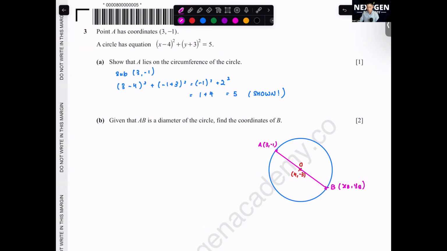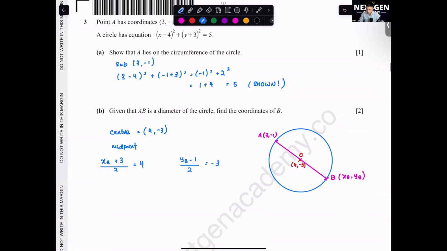So what's the relationship? Since this is a diameter, the center of the circle is also the midpoint of AB. You write down here first, the center is (4, -3). So we're going to use the midpoint formula. Using the concept of midpoint, (xB + 3)/2 = 4 and (yB - 1)/2 = -3.